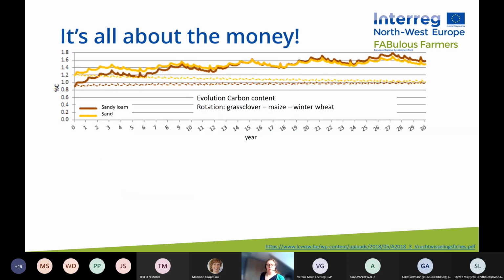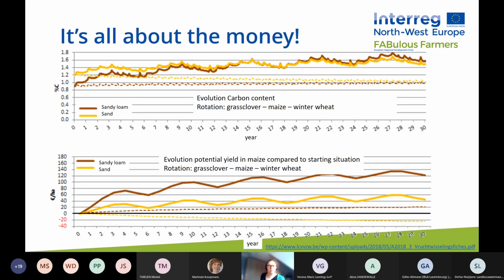And when you take a look at this graph, it's about the same. It's also a rotation with grass clover in it, and the carbon buildup in the soil. But what's important for the farmer is: what does it mean for me? How much can I gain from this? And that's why we calculated the benefits for the farmers in euros per hectare.